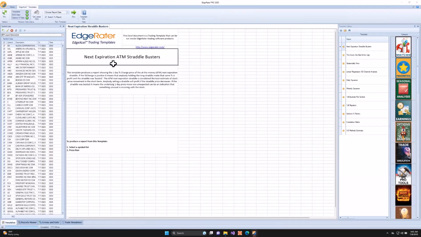As I said a couple of weekends ago, this template is run with the liquid options symbol list. That's a list of 163 stocks. There's backing data on the server that has been compiled for this list. So if you use a different, bigger list, it's not going to have all that information in there.